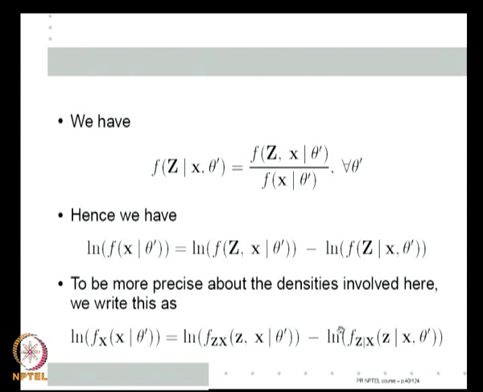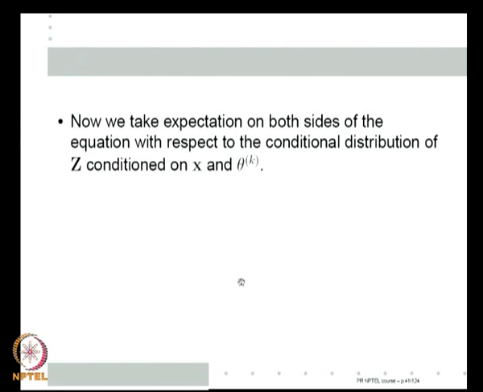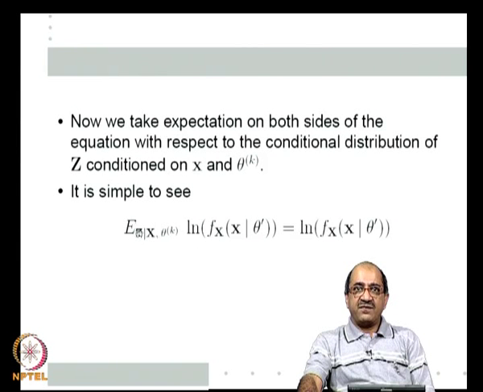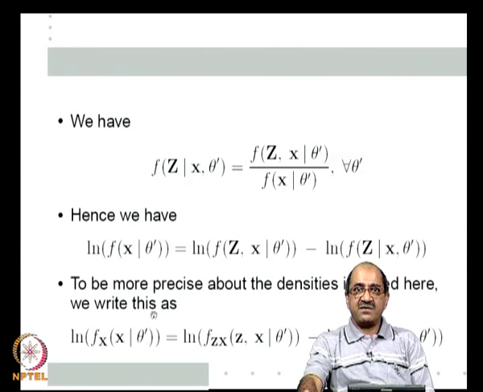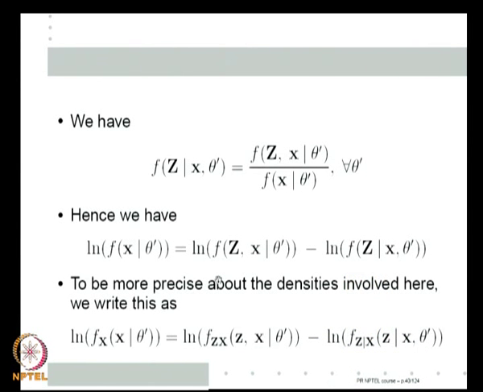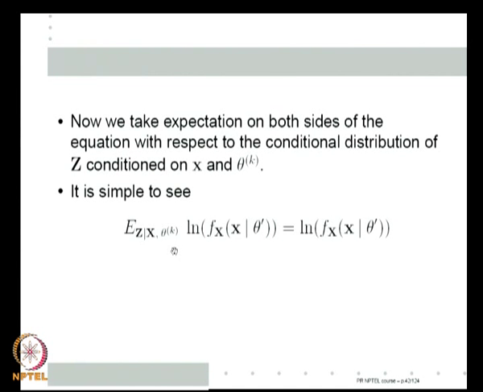First, the left hand side of our equation is this term. Here I want to take the expectation over all the z variables with respect to some distribution, but this is just the log likelihood of x. So, it does not contain any z's, and obviously it is just itself, a constant with respect to this expectation.